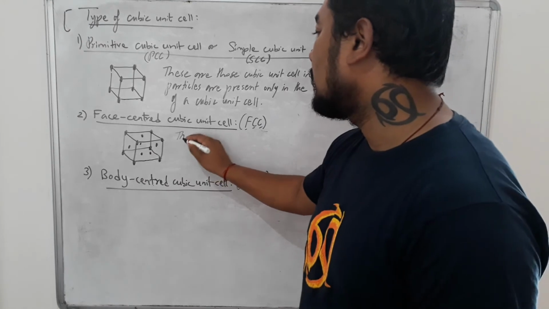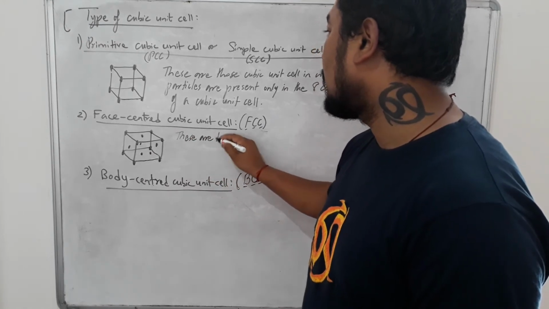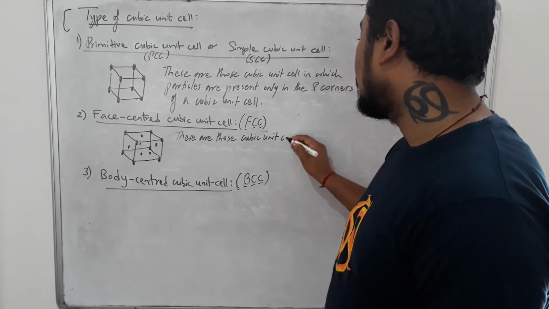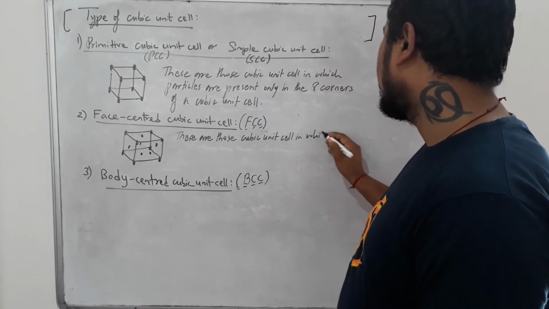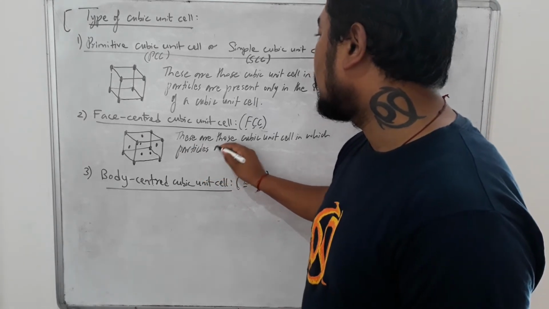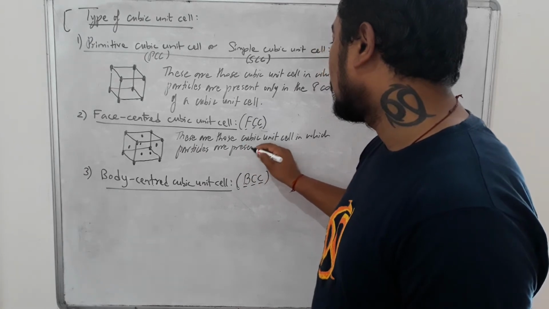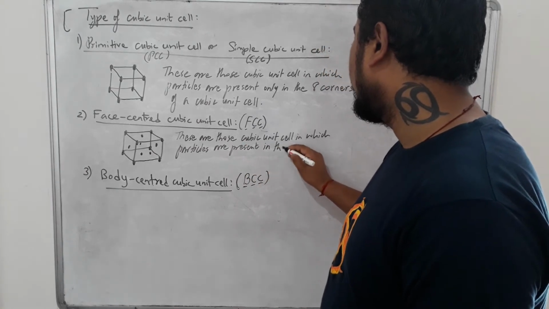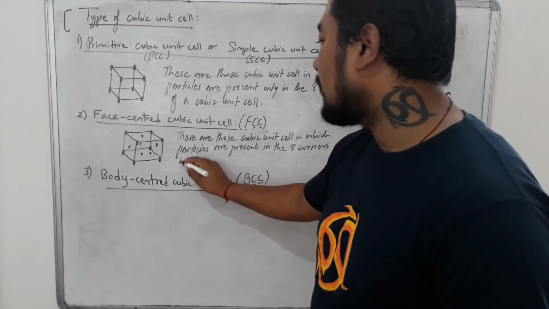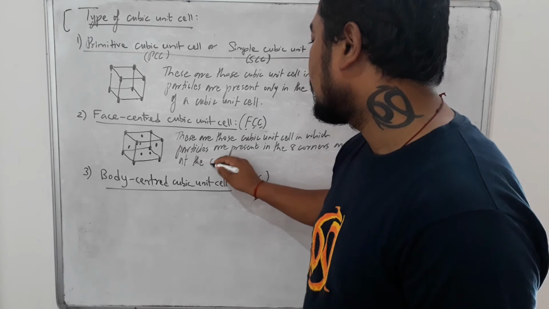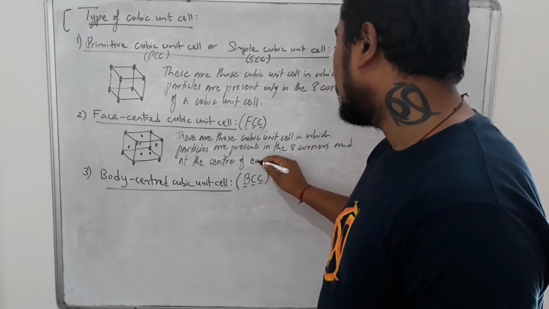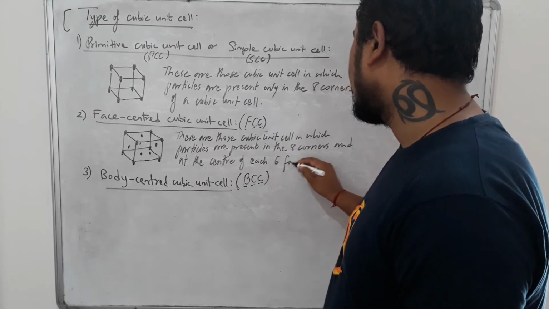So what is this then? These are those cubic unit cell in which particles are present in the 8 corners and at the center of each 6 faces.